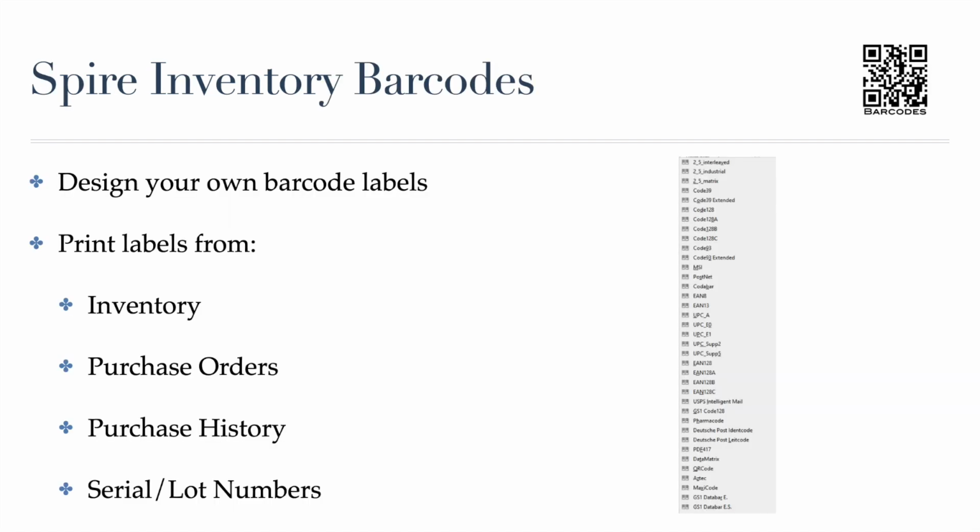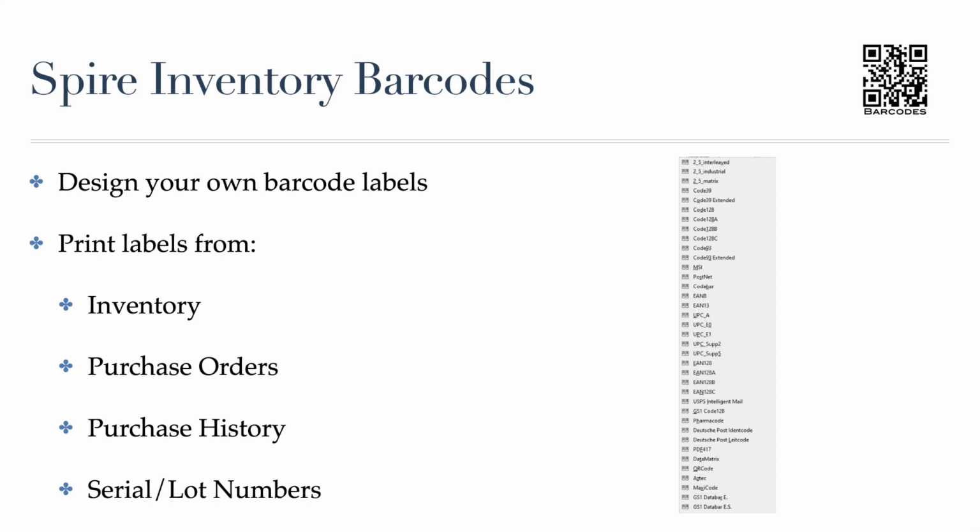If you're interested in Pick My Stuff, but don't have a barcoding solution yet, then we have an app for that too. Spire Inventory Barcodes allows you to print barcode labels from inventory, purchase orders, purchase history, and the serial lot number table. It comes with sample labels, both sheet and continuous feed, which can be used as is or as a starting point for more creative projects.